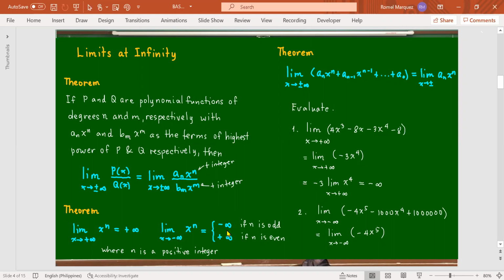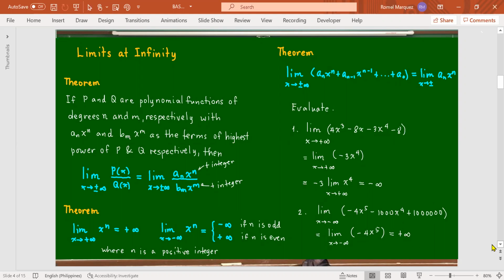Negative. Times negative also, so that would mean it is now positive infinity. The limit of x to the fifth as x approaches negative infinity is negative. So times negative, we now have positive infinity.